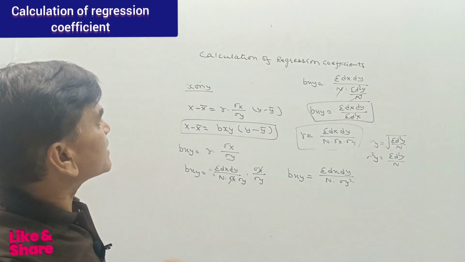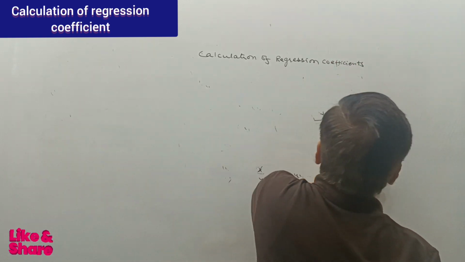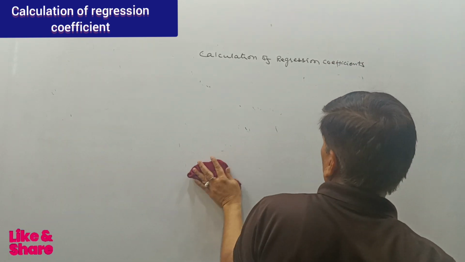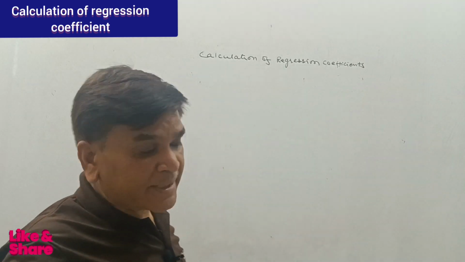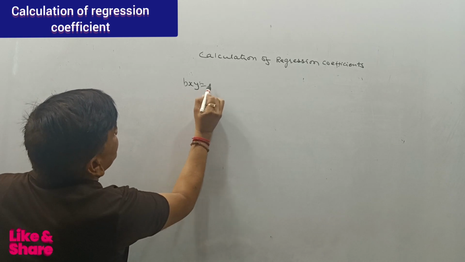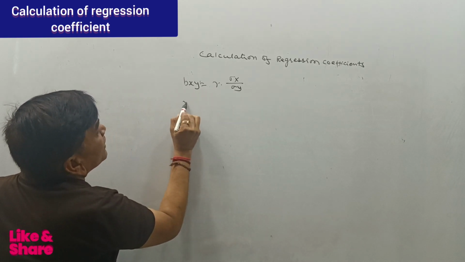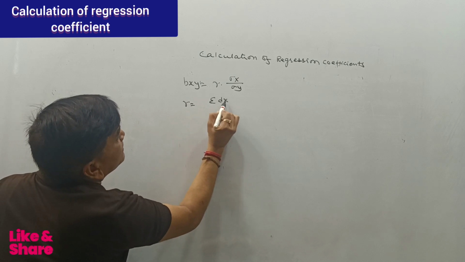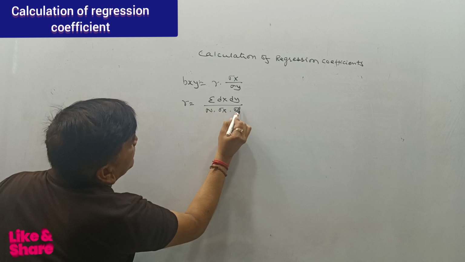That is the direct method to calculate bxy. Again, I am repeating the same things so that you may have perfection in how to calculate the value of bxy. Then we will calculate byx. First one, bxy, as you know, is r standard deviation x upon standard deviation y. The value of r is sigma dx dy upon n multiplied by standard deviation x multiplied by standard deviation y.